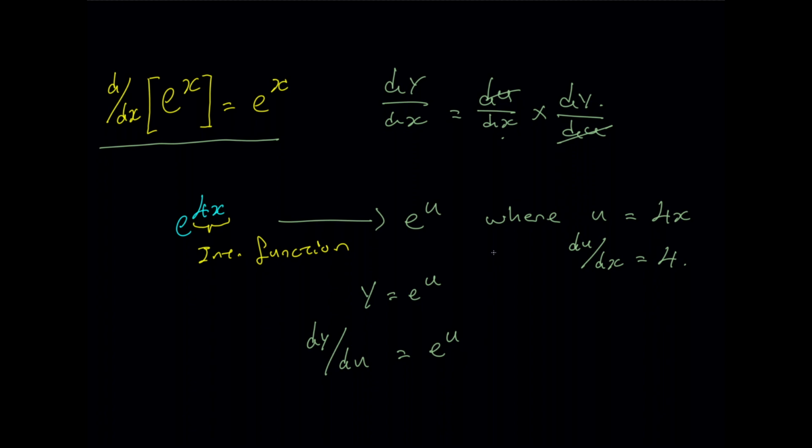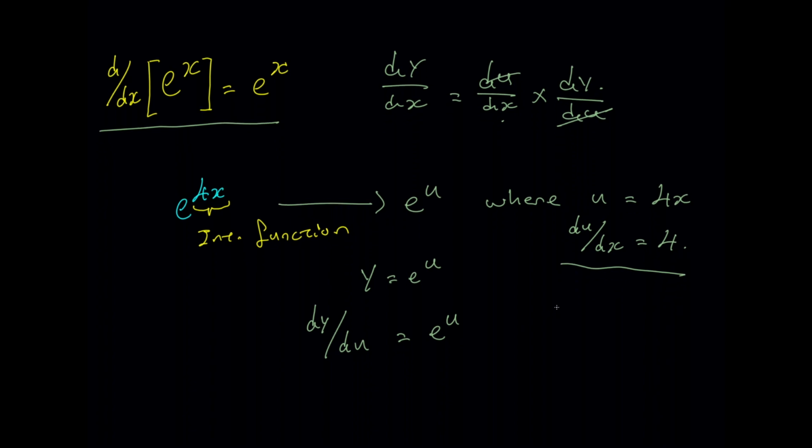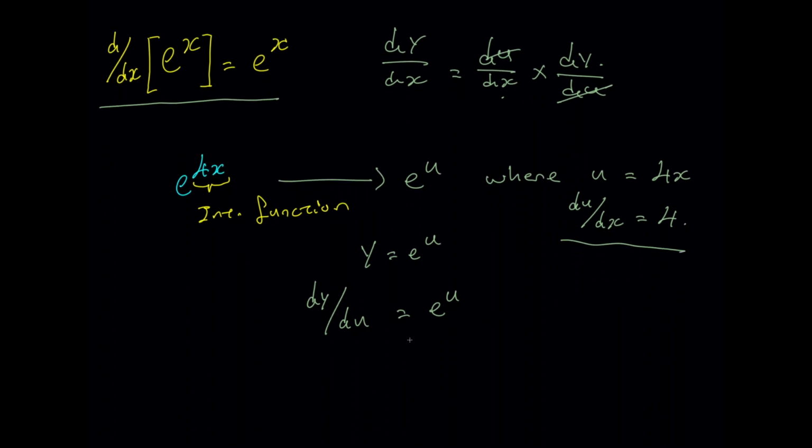Since this is a function within a function, we apply the chain rule and multiply by du dx, which we've already determined. So that will be 4e to the power of u, and since u is 4x, we have 4e to the power of 4x.